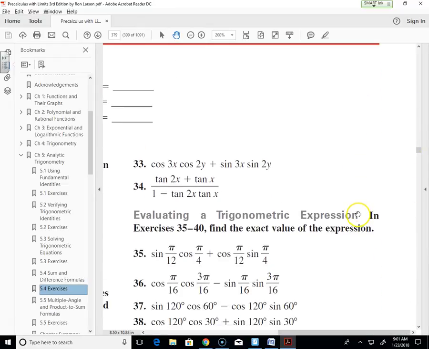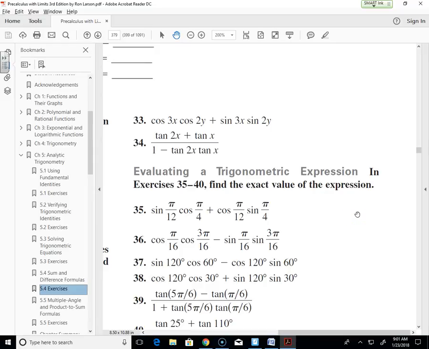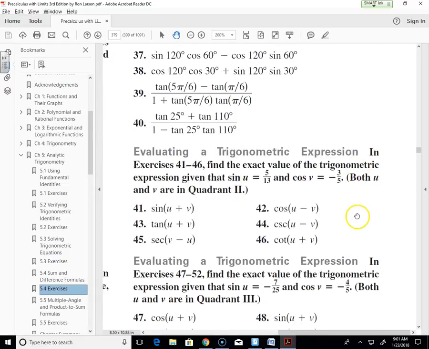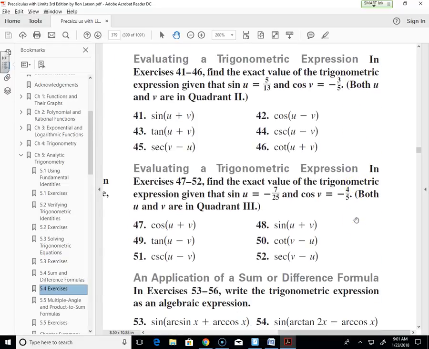Nice thing is, in our notes, since you have your notes open to 5.5, go back to 5.4 real quick, kiddos. I want you to find the example in 5.4 that looks like the directions to all of these problems, 41 through 52. It has a sine equal to a number fraction, or a cosine equal to a number fraction.